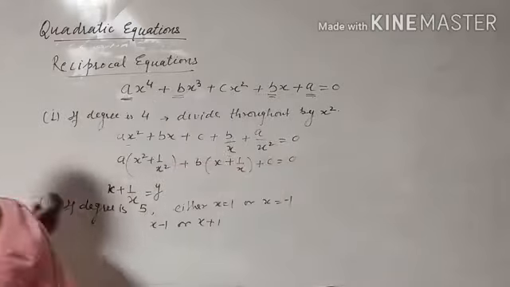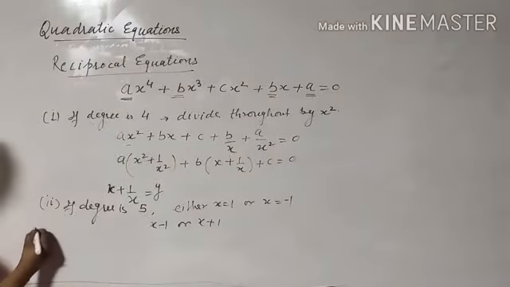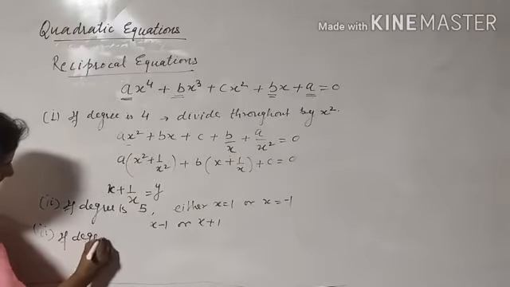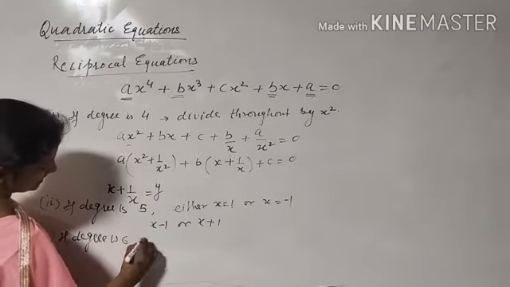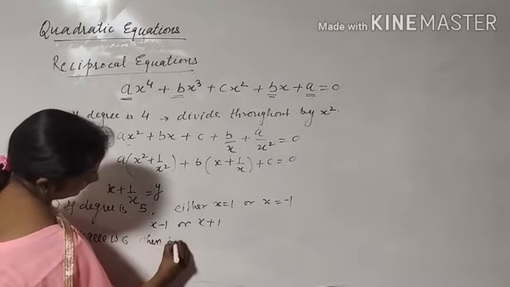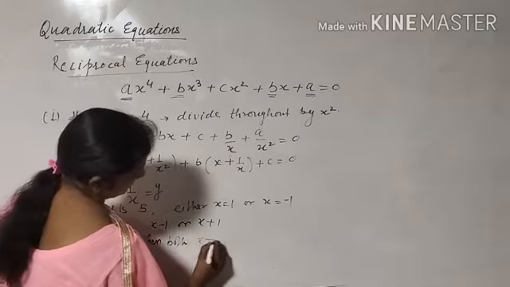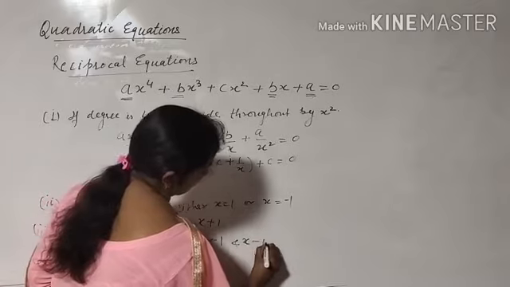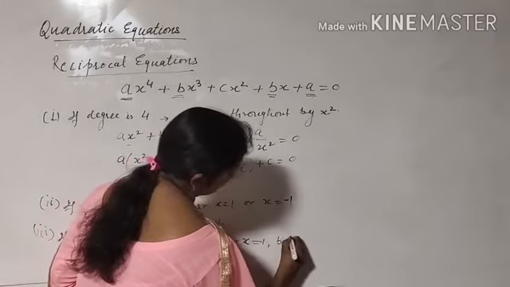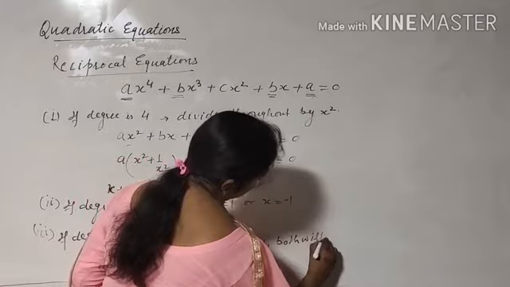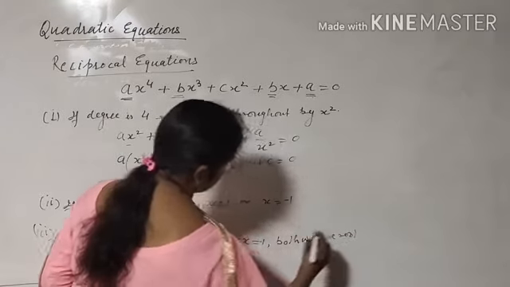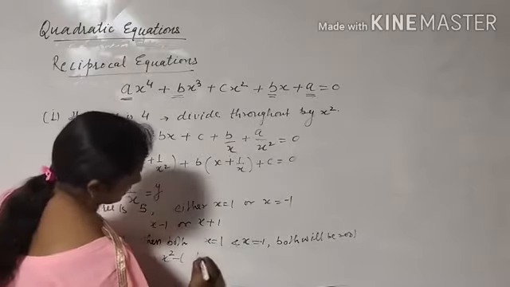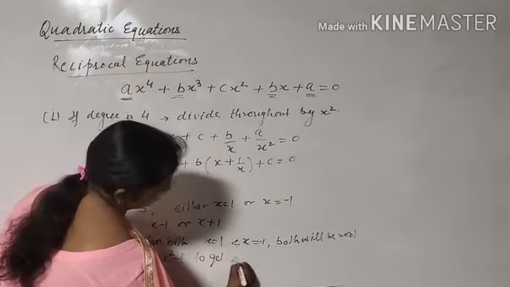Similarly, if the equation is of degree 6, then both x is equal to 1 and x is equal to minus 1 will be roots, and in that case we divide the equation by x square minus 1 to get an equation of degree 4.